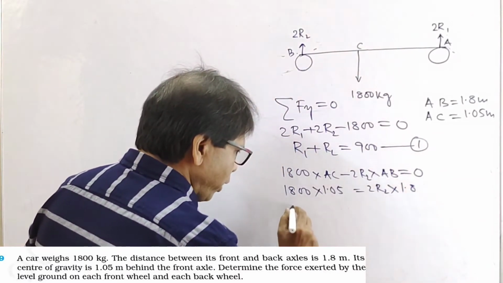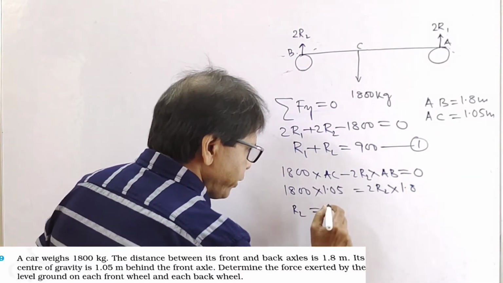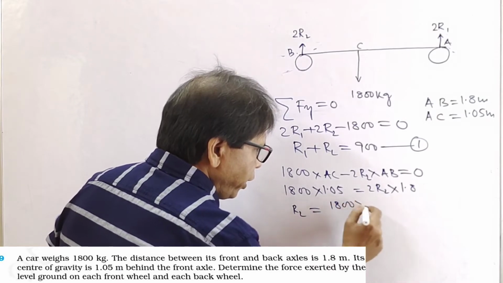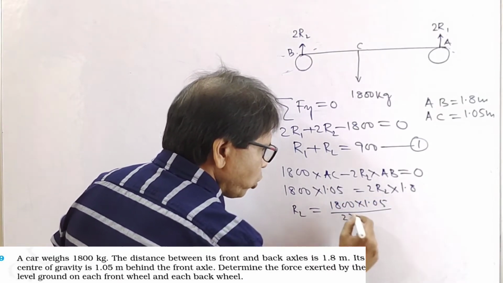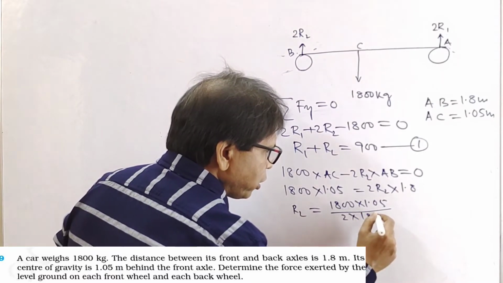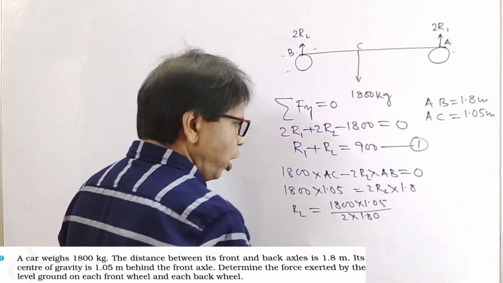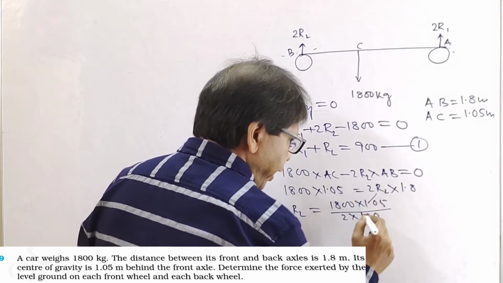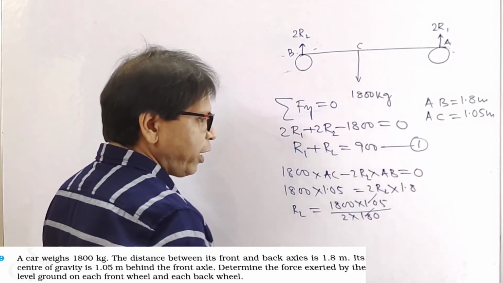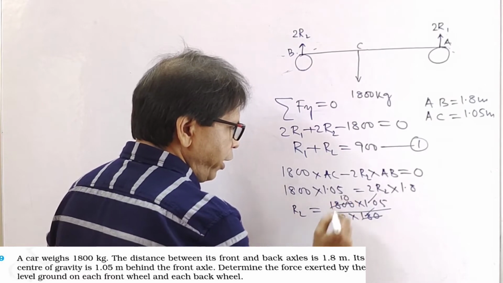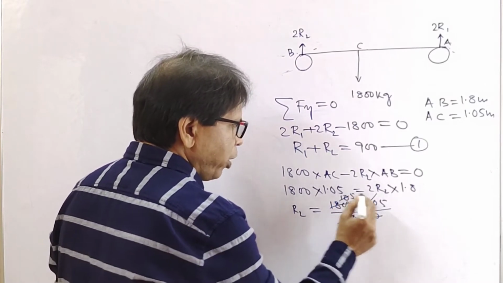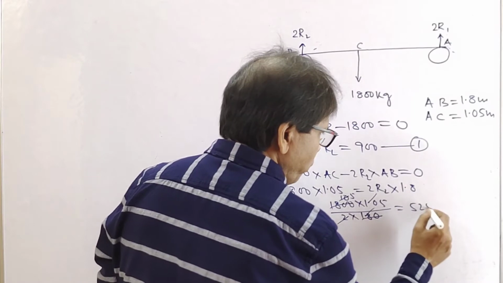Now R2 equals 1800 into 1.05 divided by 2 into 1.8. Now this and this cancel out, and we get 525.